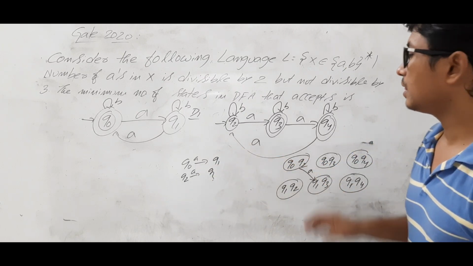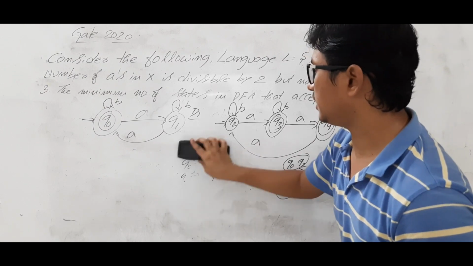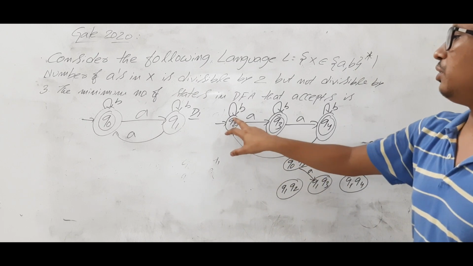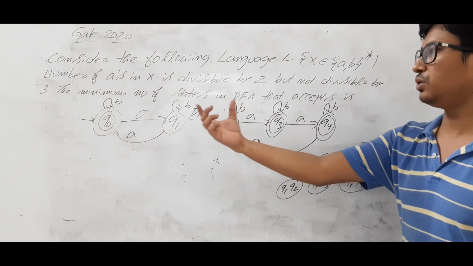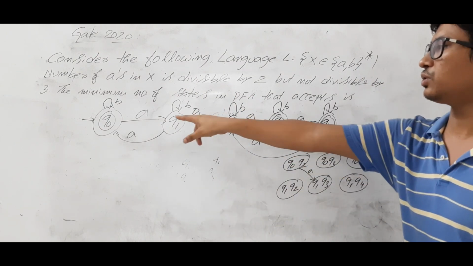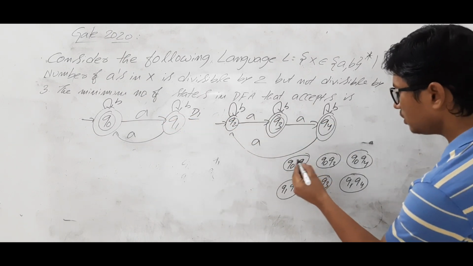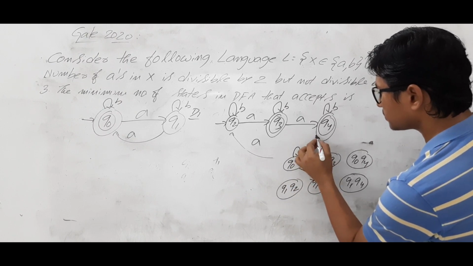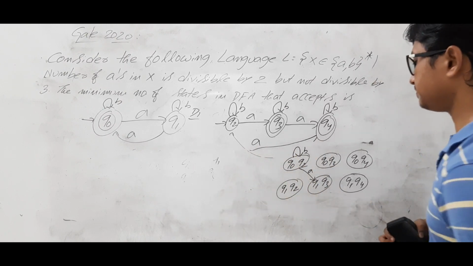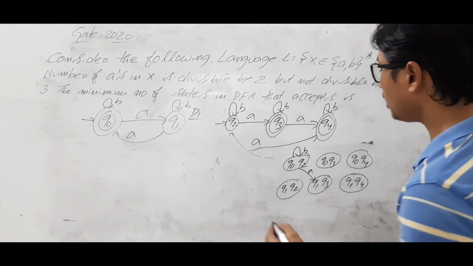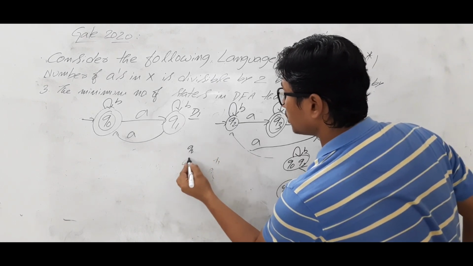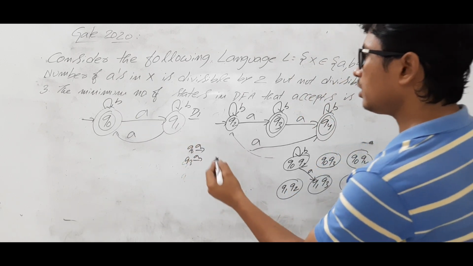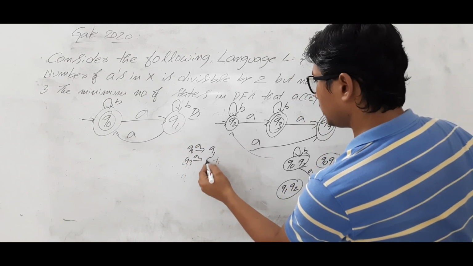Similarly on B, if you check, Q0 on B goes to Q0, and Q2 on B goes to Q2. So Q0 Q2 on B goes to Q0 Q2. I will write it here like this. Now Q0 Q3 on A: Q0 on A goes to Q1, Q3 on A goes to Q4.